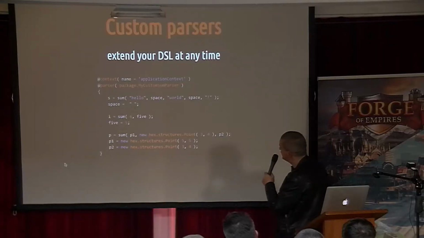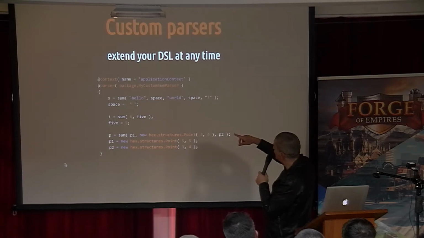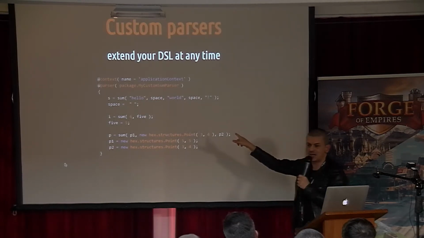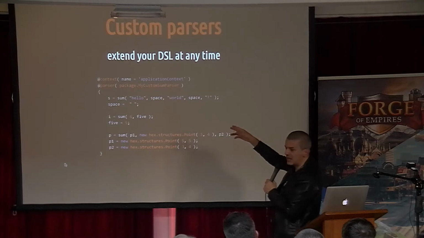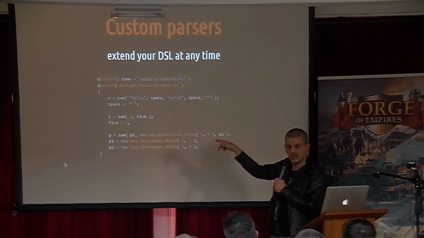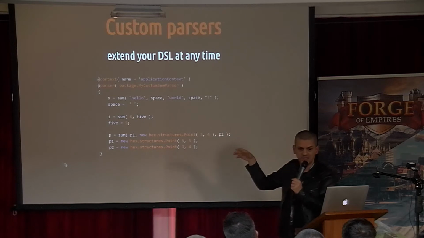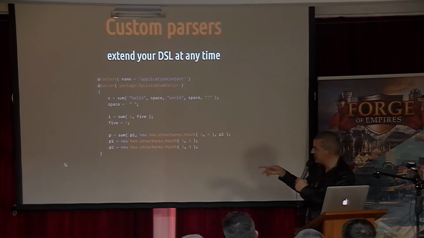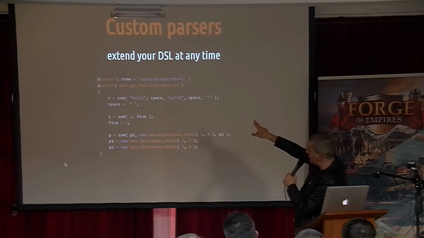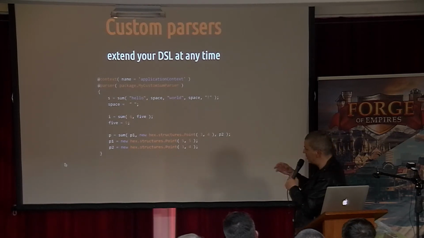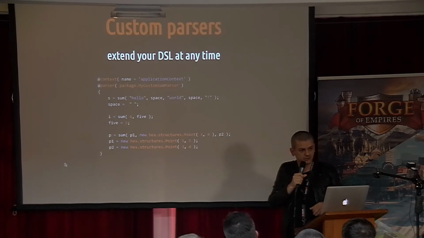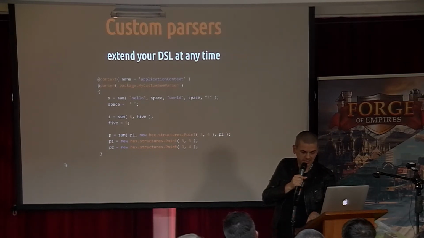And the latest one, that I tweeted about just a few months ago, was the possibility to add custom parsers, and so to extend your DSL at any time. So this is an example. For example, I want to add a keyword in my DSL. I want to add the keyword sum to make some summing operation. And I can do it on the fly by just passing a custom parser, or by passing many more. And this keyword is now able to act at compile time or at runtime.